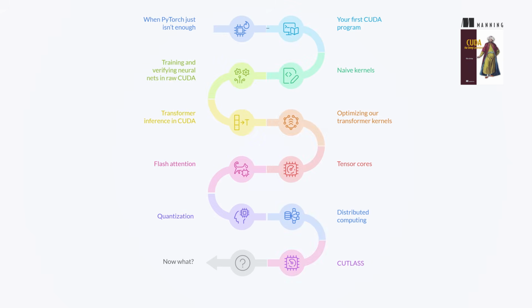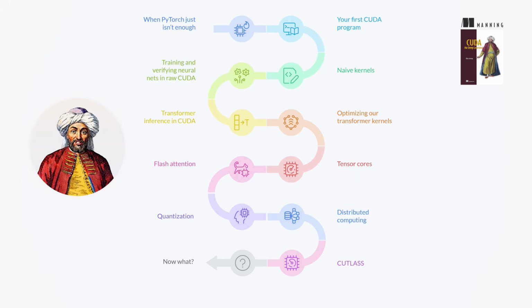The roadmap moves from first kernels to neural network building blocks, full training pipelines, transformer inference, profiling and optimization, tensor cores, flash attention, quantization, and multi-GPU systems. The essential requirement is curiosity and persistence. Once a custom kernel delivers its first real speedup, CUDA stops being hidden machinery and becomes a tool you can shape.